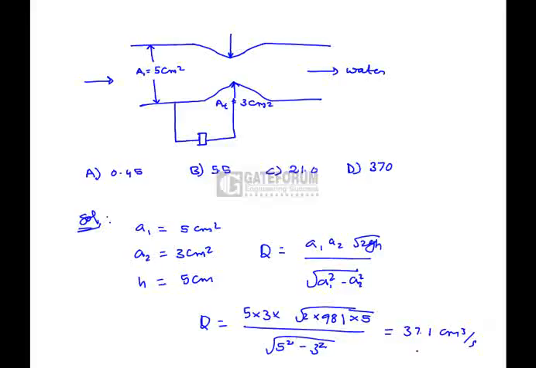So the right answer is 37.1 cm³ per second, and in the options the correct option is D.